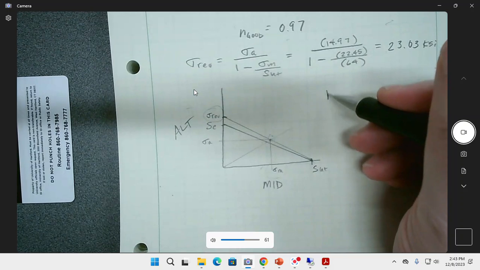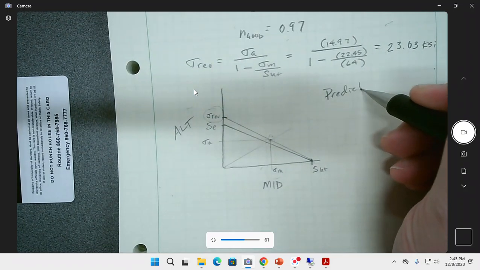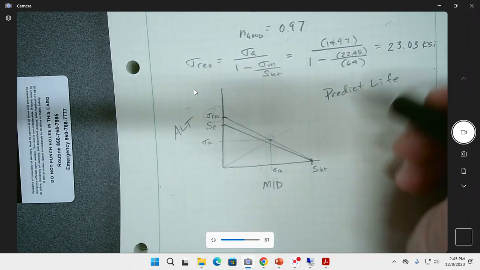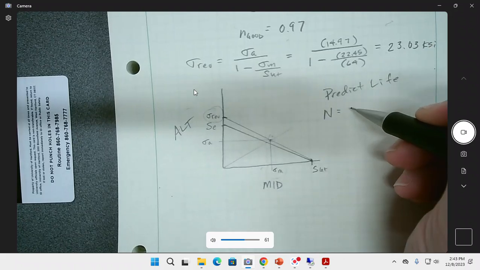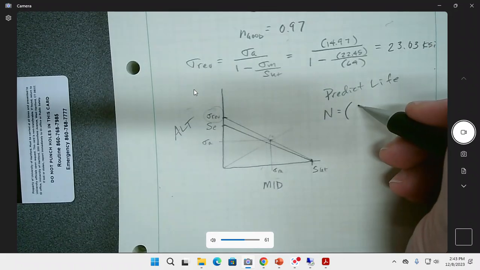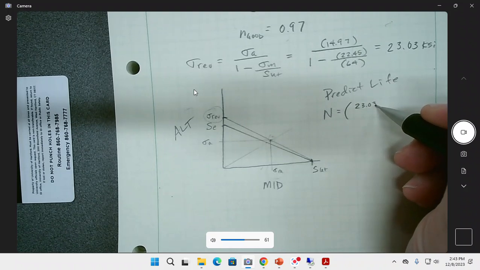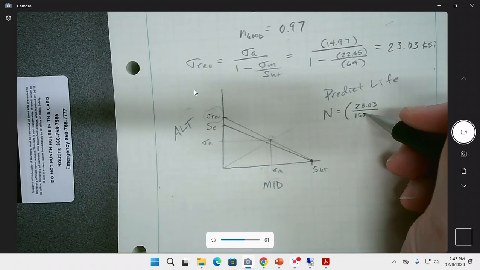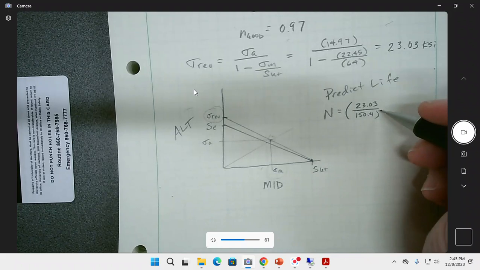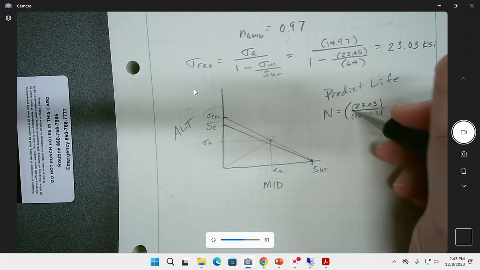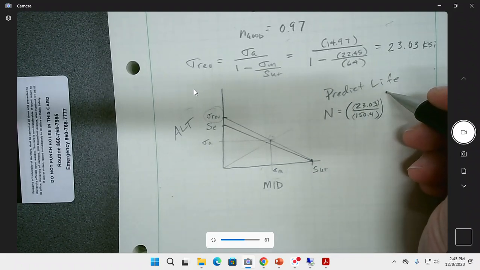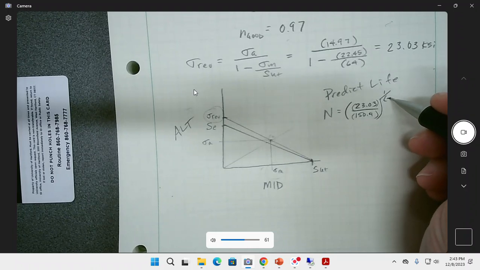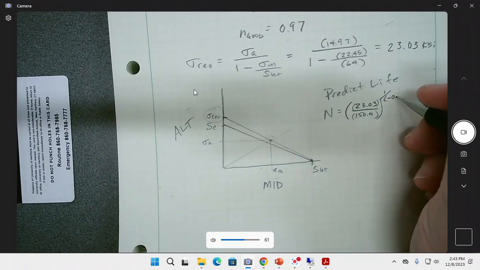N is equal to 23.03 divided by 150.4, raised to the 1 over negative 0.1389.